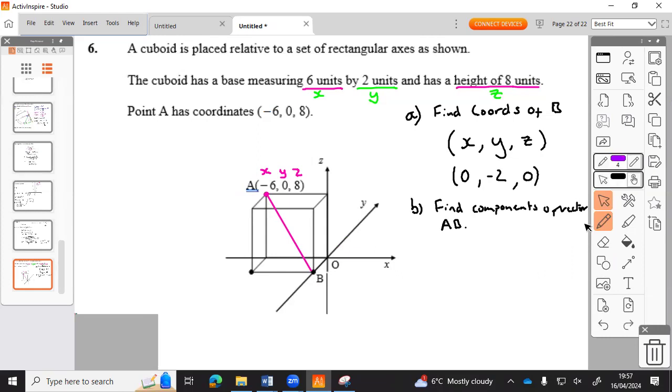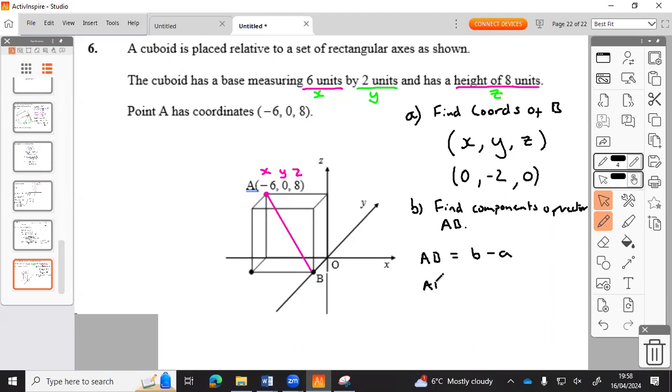To find that, I need to take what I found in part A and take away the first coordinate. So component AB, we write it like that, B minus A, where I'm ending up and where I start. So I'm taking away my start from my finish.